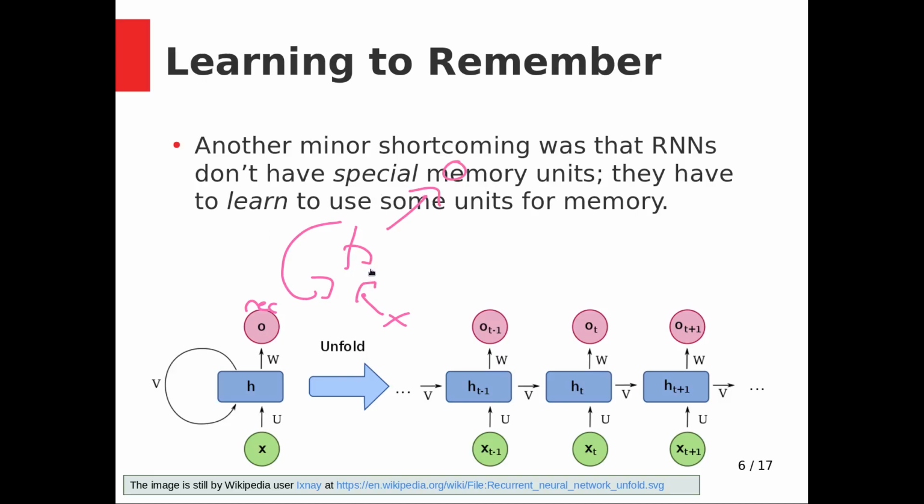So H could be used to perform computation from the input and recurrent to the output, or it could be used to carry data forward, to learn to act as a memory, to sort of update itself with a prior state and then ignore the input. If the network wants to learn to use some hidden units as outputs or some hidden units for computation and then other units for memories, it has to learn to do that.